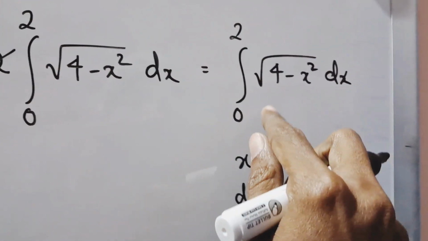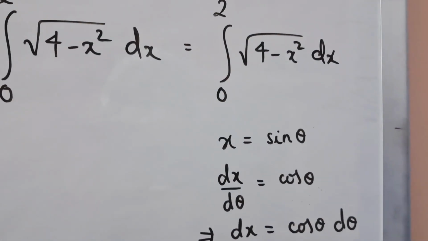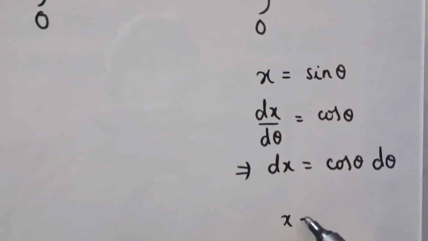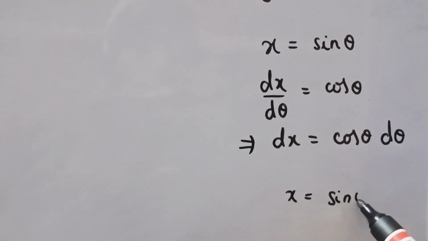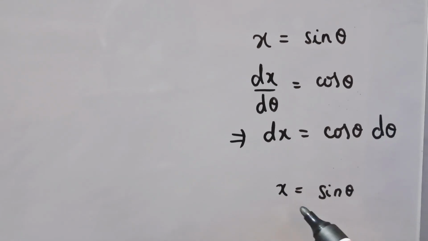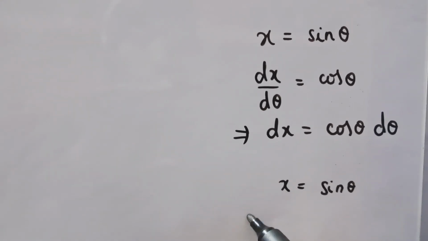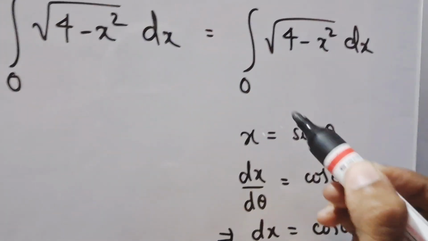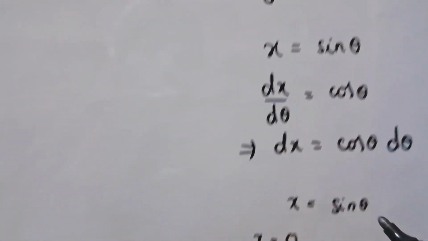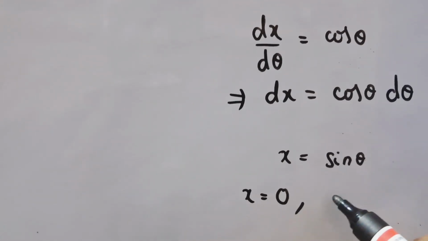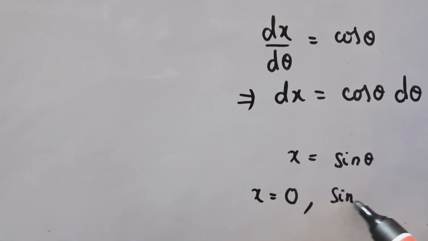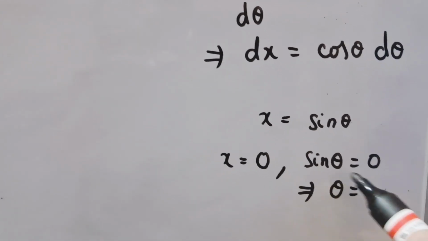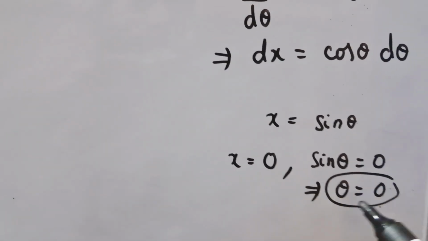Okay, and what about the limits? For limits, x is from 0 to 2, so for x equals 0, sine theta equals 0, and theta equals sine inverse 0, which is also 0.